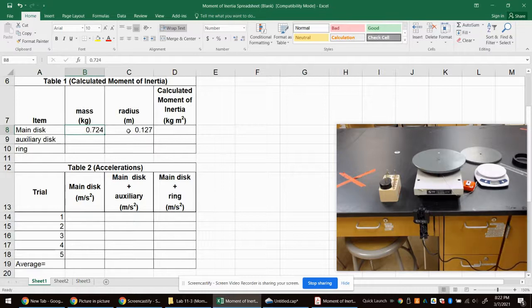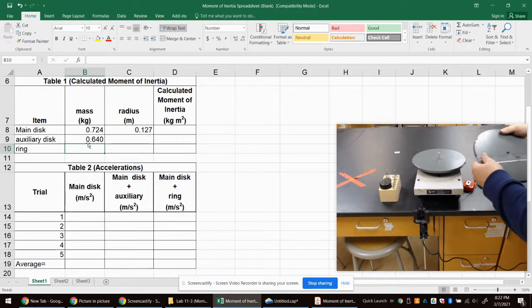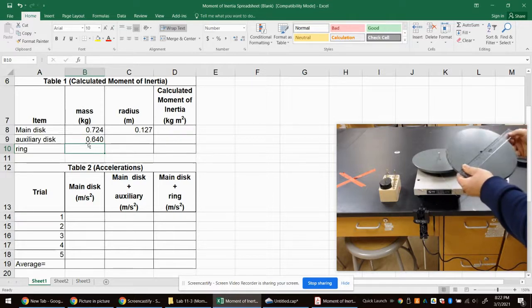I then am going to do the auxiliary disc. The auxiliary disc has a mass of 640 grams. We'll measure its diameter. To do that, again, we're making sure that we're measuring across the circle and making sure that we get the point where it's the greatest.